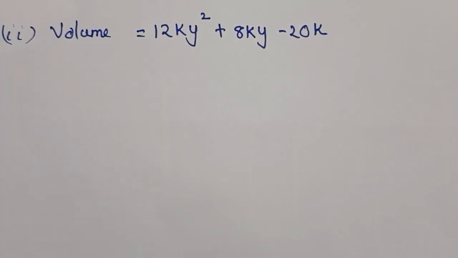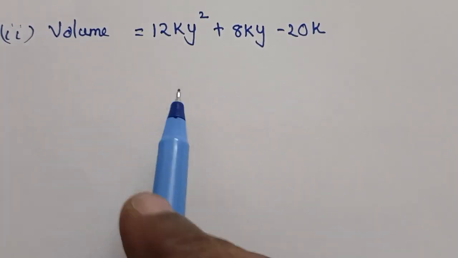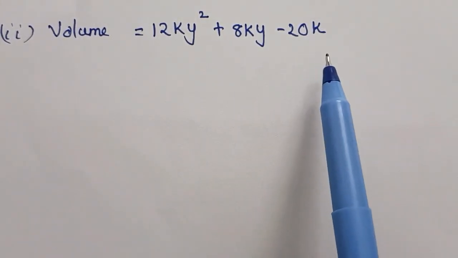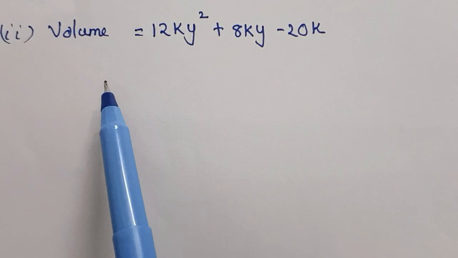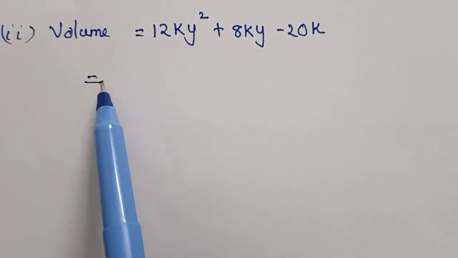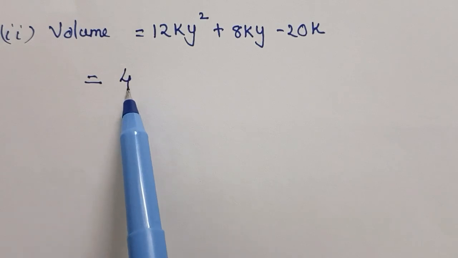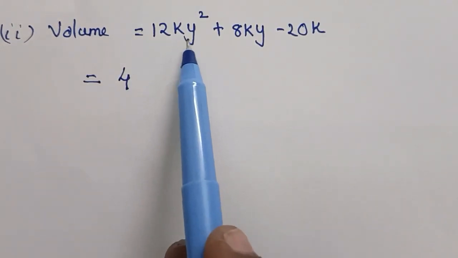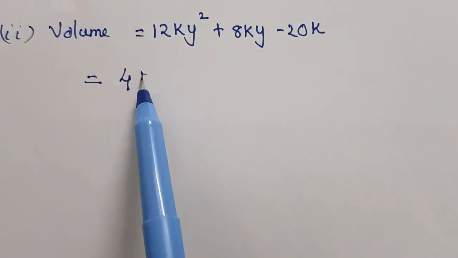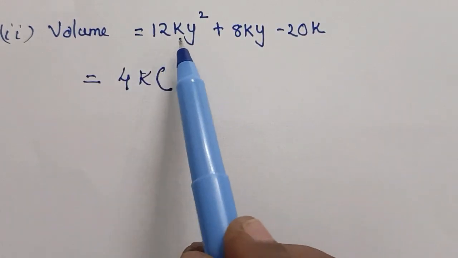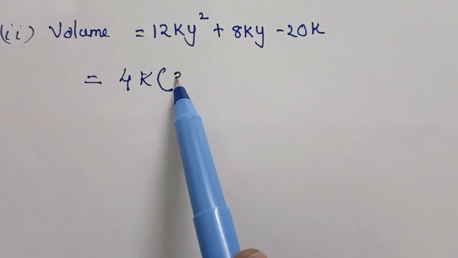Second one, volume equal to 12ky square plus 8ky minus 20k. By taking common factor outside, 12, 8 and 20, we can take 4 as common factor. Here k is also common. Therefore, by taking 4k outside, first 12 divided by 4, it is 3.